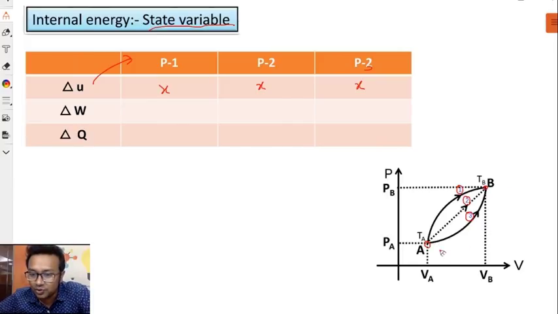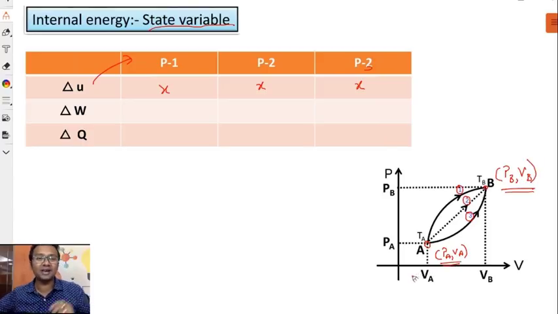Because the initial point and the final point correspond to the same thing. The initial point corresponds to PA VA, and the final point corresponds to PB VB. So if the initial and the final pressure and volume for all three processes are the same, then I'm sure you've got it, the internal energy change is also going to be the same. All right, students, then it is very clear that delta W is the area under the curve.